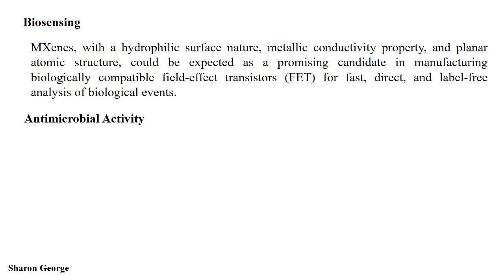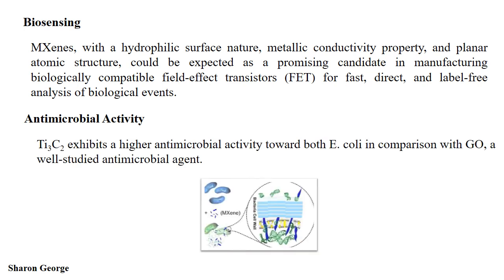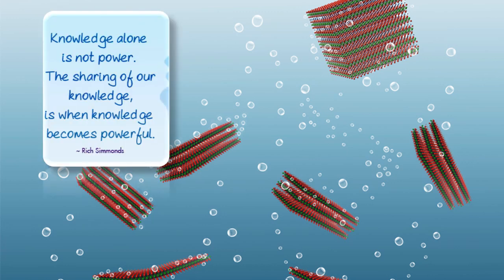Here a group of researchers used titanium carbide based 2D structures, and they found high antibacterial activity towards E. coli, in comparison with graphene oxide, because graphene oxide shows good antibacterial activity. So this is all about applications of MXenes.